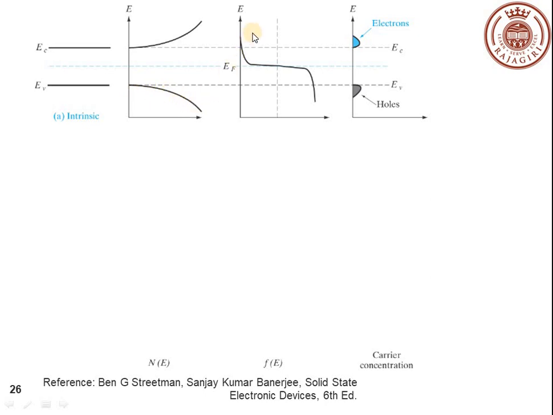Now the f of E curve. As we are having intrinsic semiconductor, EF is at the middle. The f of E and 1 minus f of E gap will be same.